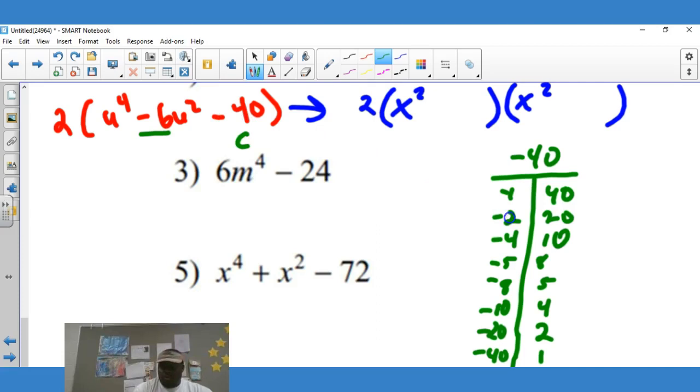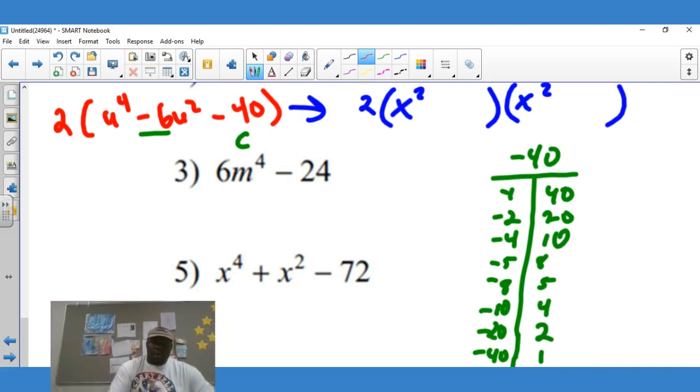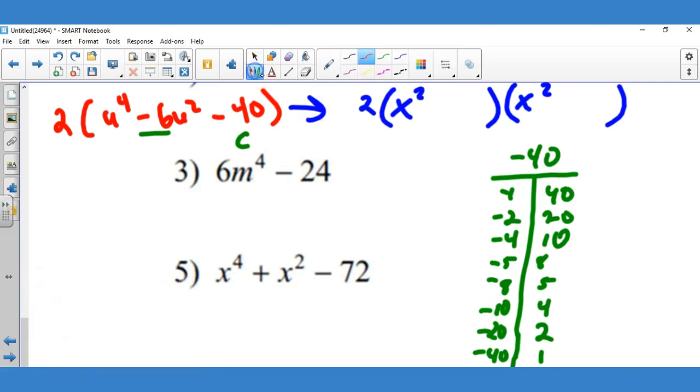So what pair of factors of -40 can I add together to get -6? I'm doing this all the way out so you can see every single detail. So here we go.